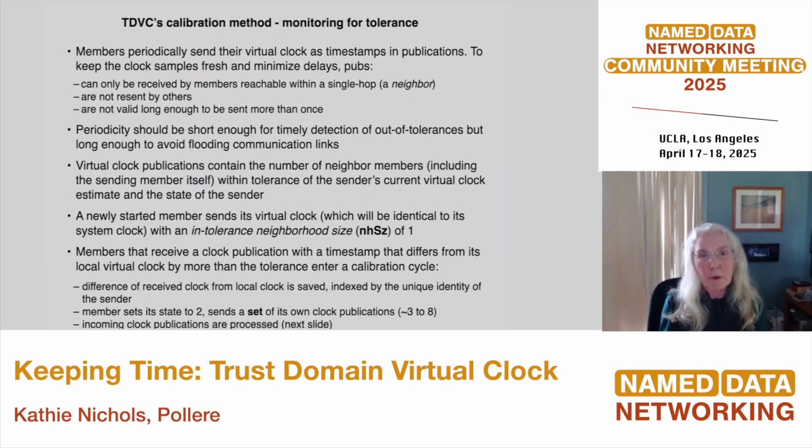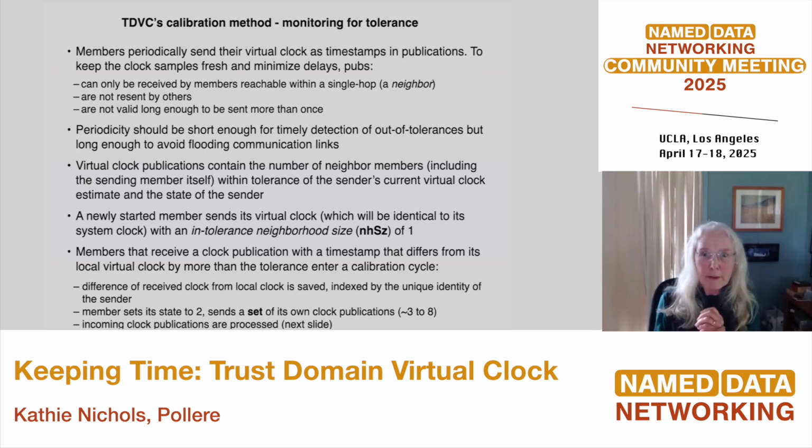The way that it works is that members periodically send their virtual clock out as timestamps in the publications, and again, to keep them fresh and minimize the delays, they're only received by members within that single hop, and they can't be resent, and they're not valid very long.